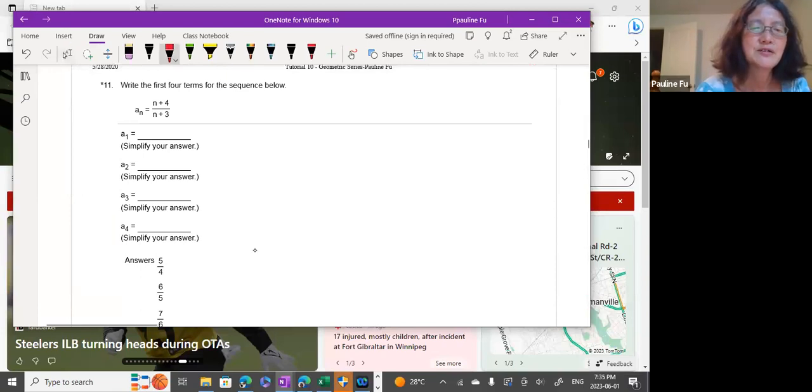So for A1, you just plug in n equal to 1. When n equals 1, you get A1: 1 plus 4 over 1 plus 3, which is 5 over 4. That is A1. A2 means n equals 2: 2 plus 4 over 2 plus 3, so 6 over 5.